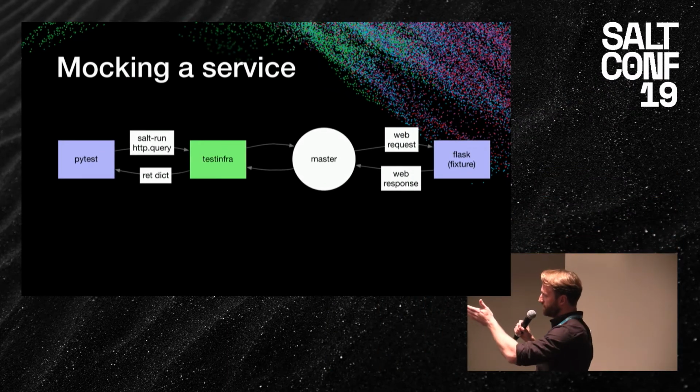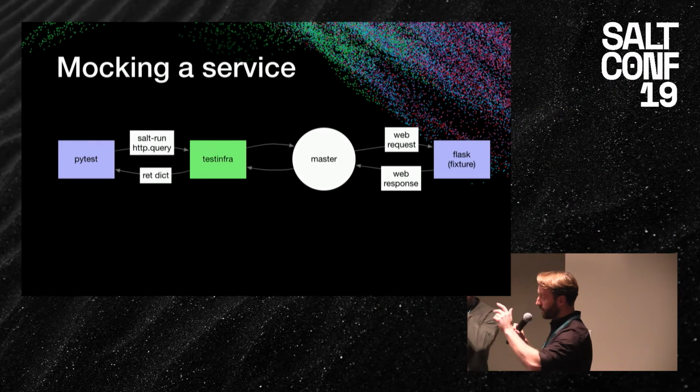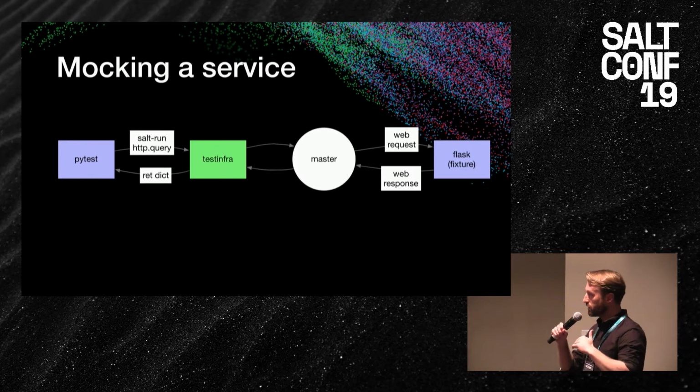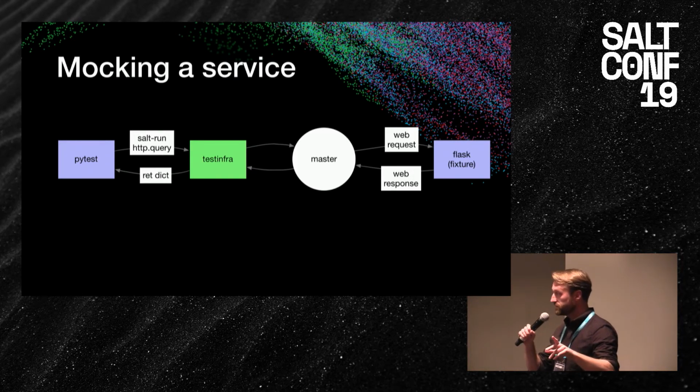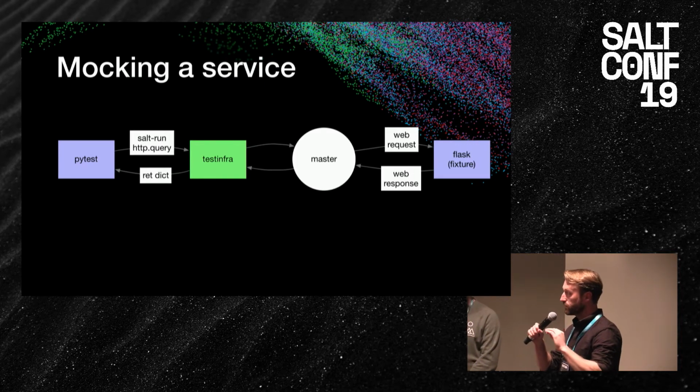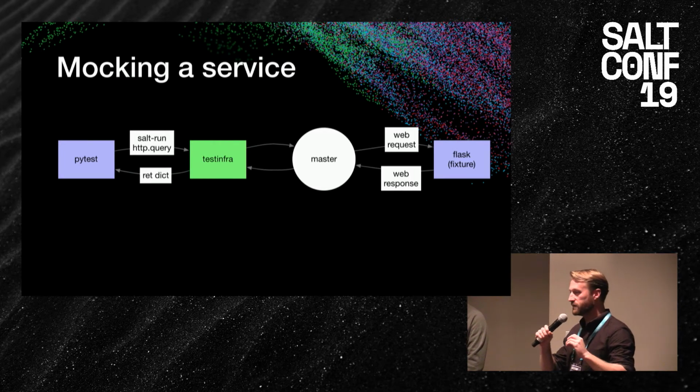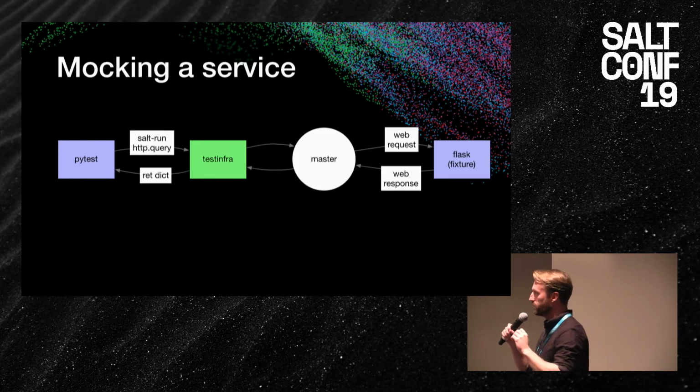Now, right next to Pytest, we have salt run HTTP query. That's what we want to run on our master. We use Testinfra to pass it over to the master, and then the master is going to make that request. The key here is that we are not mocking HTTP query. HTTP query is fully functional. It is doing what it does, taking the production code path.